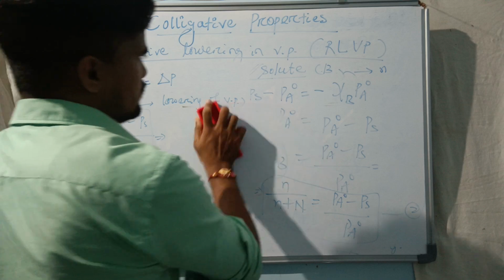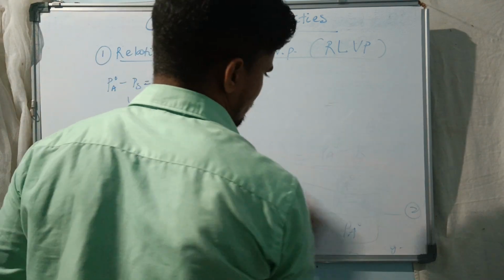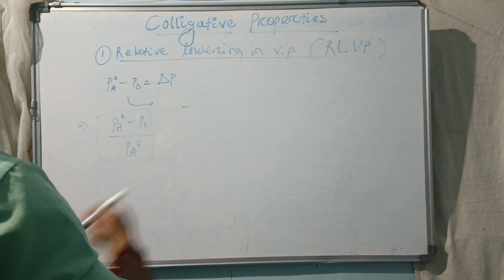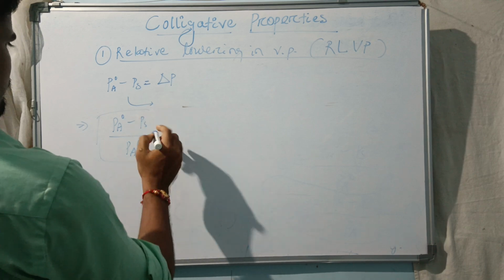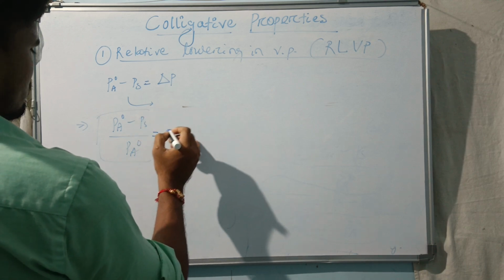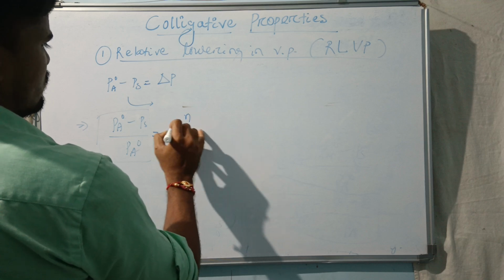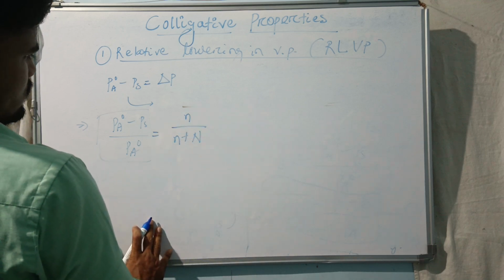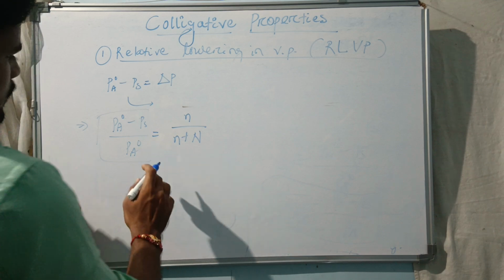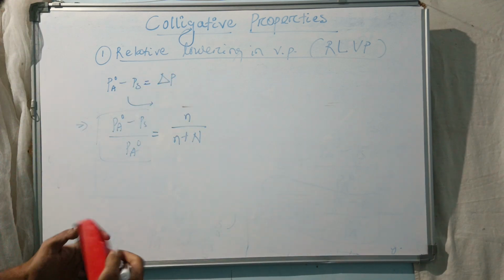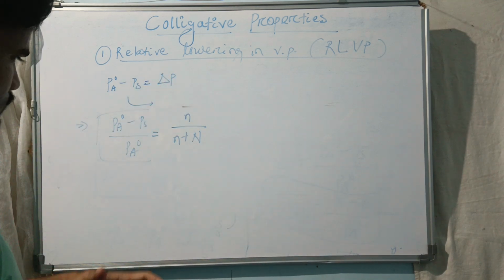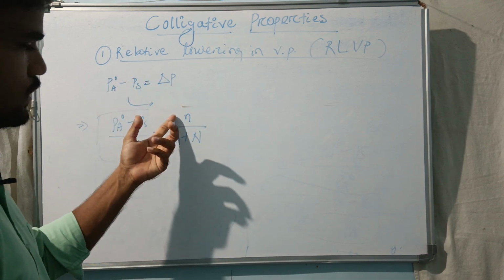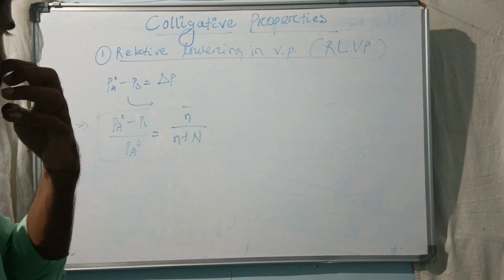So let's do the derivation. This is also equal to n by n plus N. Now we have to invert: the denominator will change to numerator, numerator will change to denominator.